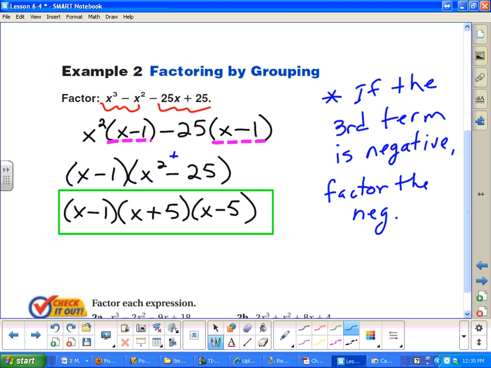Now I want you to graph x squared minus 25. So go to your y equals, put in x squared minus 25, and hit zoom 6 so you can see it graphically.